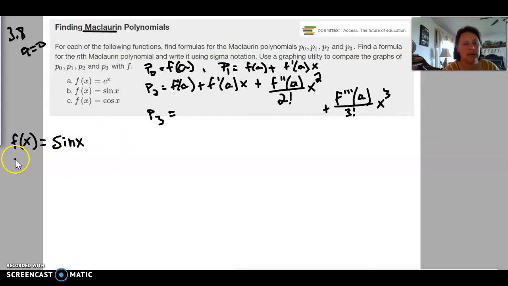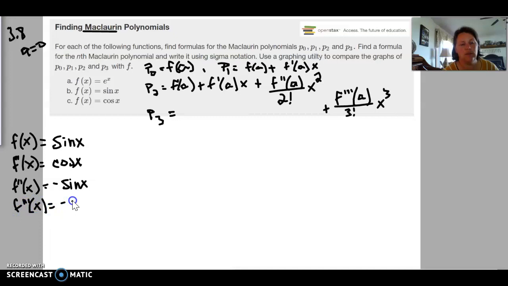And let's go ahead and do all of our derivatives. So f prime of x is equal to cosine of x. F double prime of x is equal to negative sine x. And f triple prime of x is equal to negative cosine x. And that looks like that's as far as we need to go.